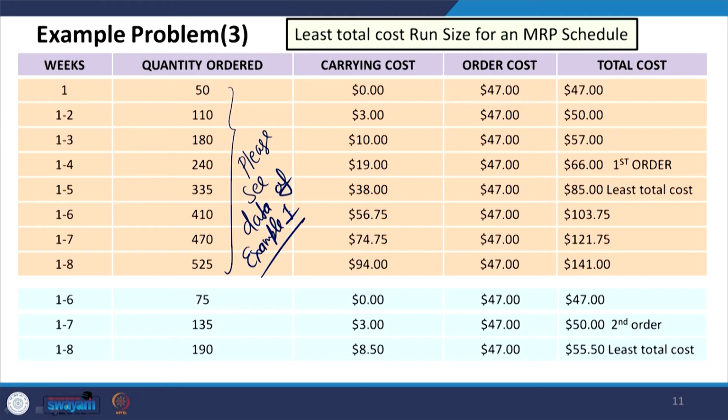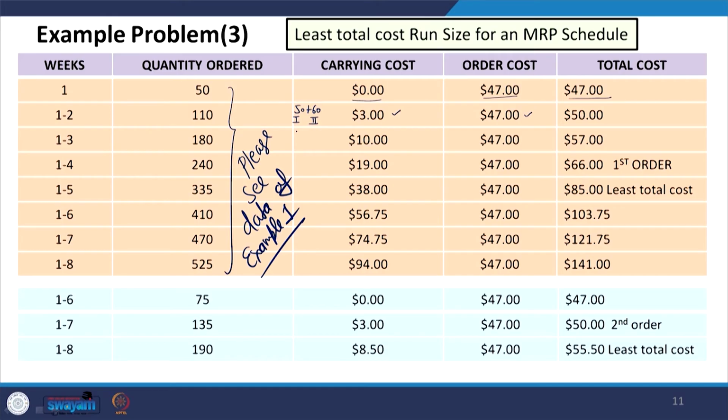Now, the carrying cost: because you are only ordering 50 units and they will be consumed in the first period itself, carrying cost will be 0 and your ordering cost is 47, so total cost becomes 47. If you are ordering 110, 50 you will consume in the first period and 60 will stay for 1 week, for which you incur a cost of $3. 47 is your ordering cost, so total cost is 50.